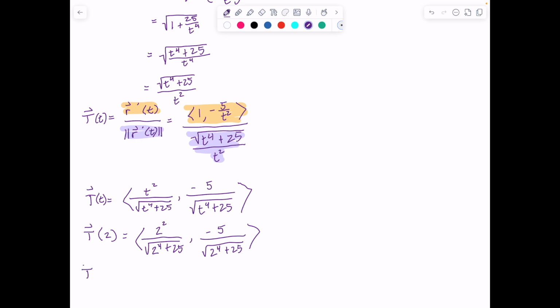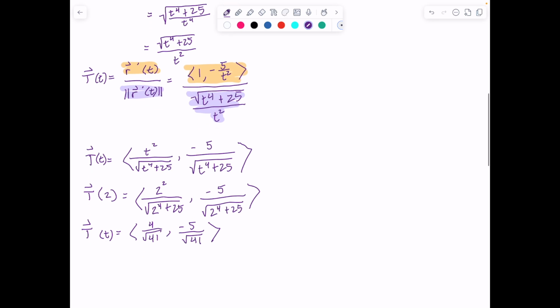And so T at 2 will be equal to, 2 to the fourth is what? 16. 16 plus 25 is 41. So we'll get 4 over root 41, and then negative 5 over root 41. Cool? And that's T at 2.